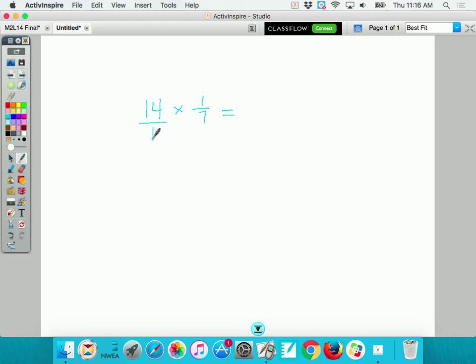Now I just multiply straight across. 14 times 1 equals, and 1 times 7 equals, and then 14 divided by 7 equals 2. Did that just change your life? Don't you wish you would have known that yesterday on the math test? I bet you got some multiplying fractions problems, and now you know you just multiply the numbers straight across, okay?